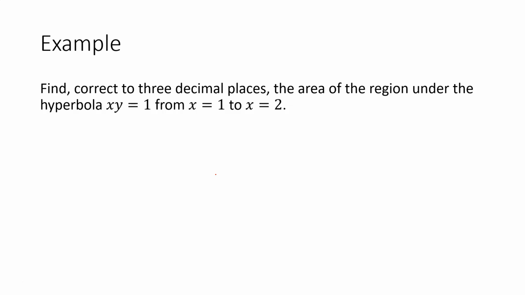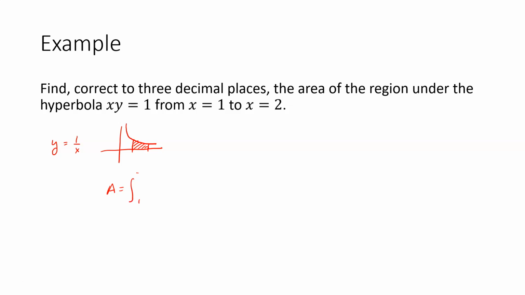Suppose, for instance, I want to find the area of the region under the hyperbola xy equals 1 from x equals 1 to x equals 2. Well, this is really just the equation y equals 1 over x. So if we're going from 1 to 2, we're just looking for the area of that portion of the graph.